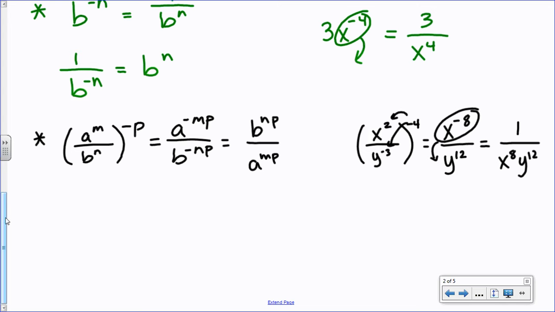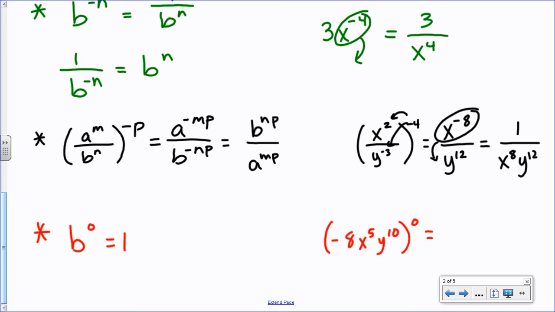Good. Then our last rule is 0 exponents. So anything to the 0 power is 1. So this whole thing is to the 0 power.